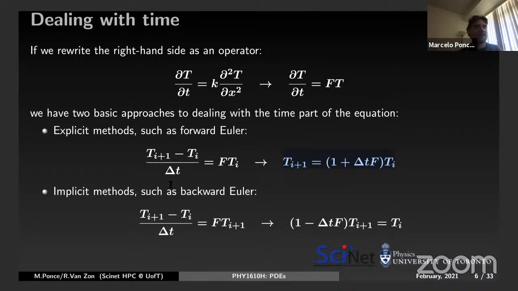Bottom line is that if we write the backward Euler discretization scheme for this equation, if I want to get t of I plus 1, the dependency is this operator 1 minus delta t times f multiplying the solution, and this is equal to t sub I. So this is what we call an implicit method, because for getting t sub I plus 1, I have dependencies on the left-hand side.